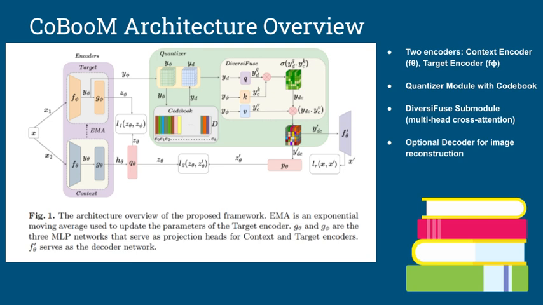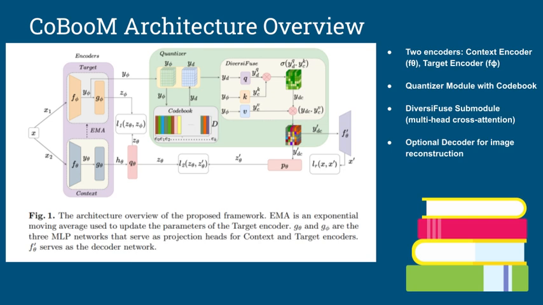The target encoder f phi processes a differently augmented view of the same image. The target encoder parameters are momentum-updated versions of the context encoder's parameters, ensuring stability in representation learning. The encoders generate continuous embeddings denoted as Z1 and Z2, representing the images in a high-dimensional latent space.